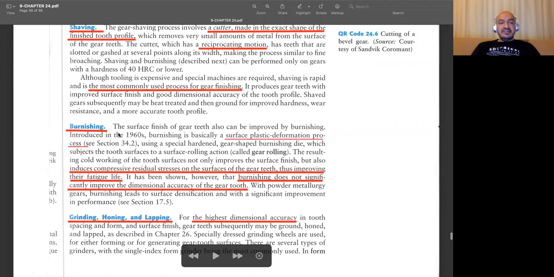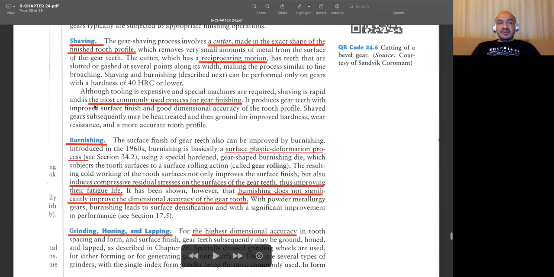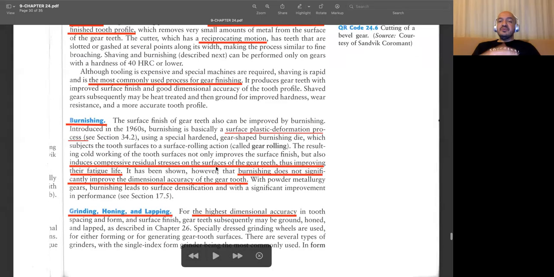Then we have the second finishing operation. This is actually a bit different than the previous one. This one is not removing material. It's actually shaping, forming the surface. So we can say that there's a kind of plastic deformation on the surface. We do it with the help of some harder rollers. And since we do plastic deformation, we have metallurgical changes on the surface due to compressive residual stresses.